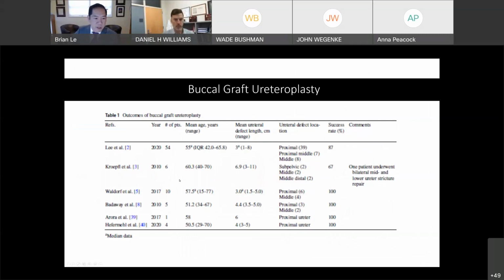It does tend to be more US focused, since the robot has proliferated more in the US than maybe, say, European countries. And I would say these are in very technically expert hands, so these success rates may not reflect real world success rates.